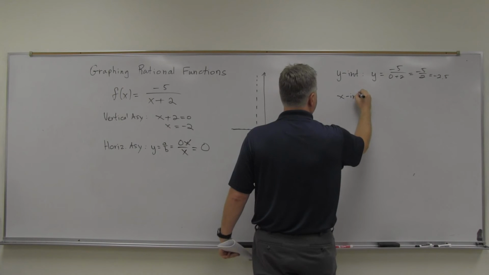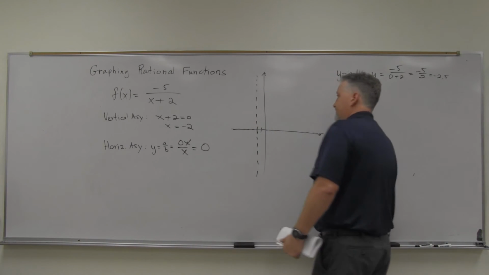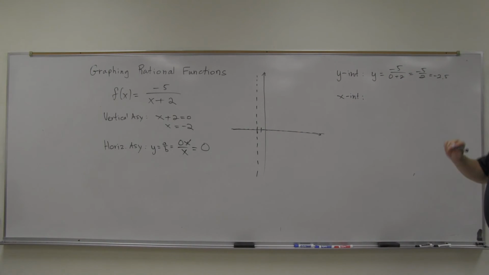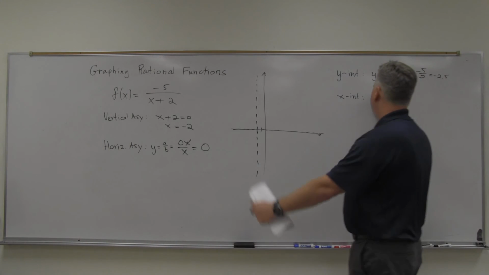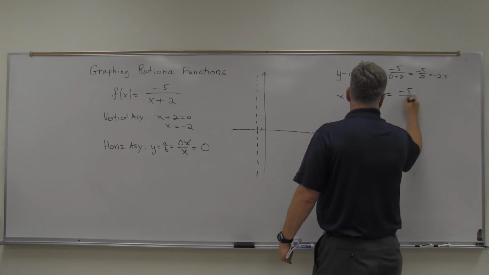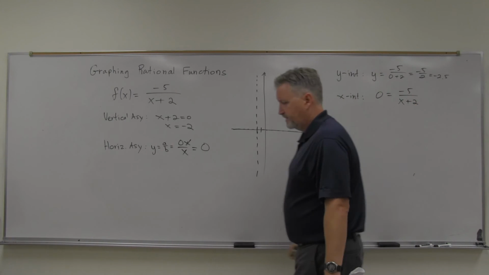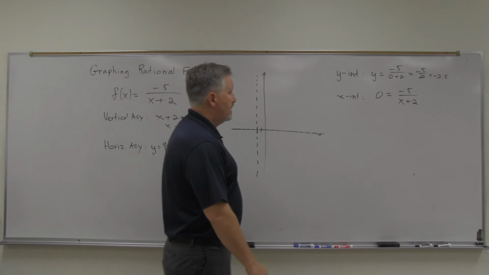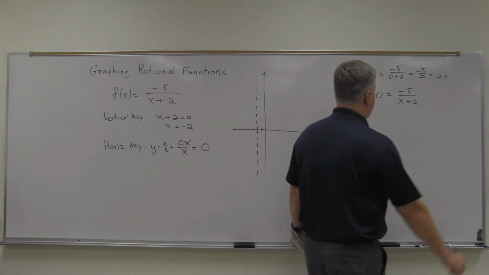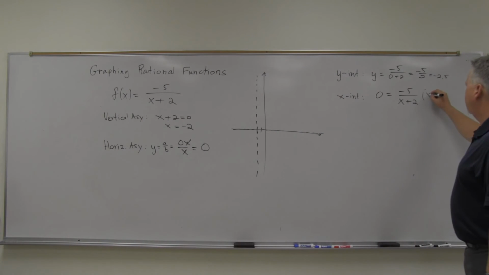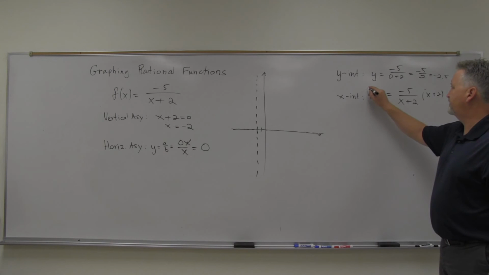The x-intercept, okay. All right, so then something else happens on this. So the x-intercept, we set y to be 0, or f of x, in this case, to be 0. And so that gives us this equation. So again, if we do what we were doing before, multiply both sides by x plus 2, here's what we run into.